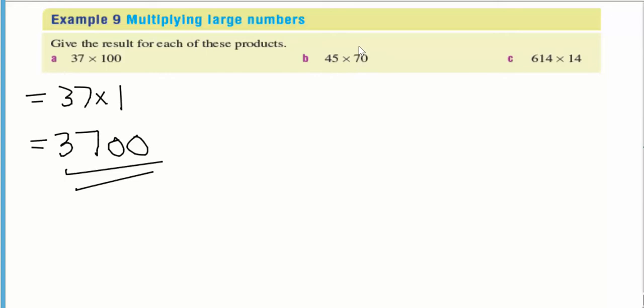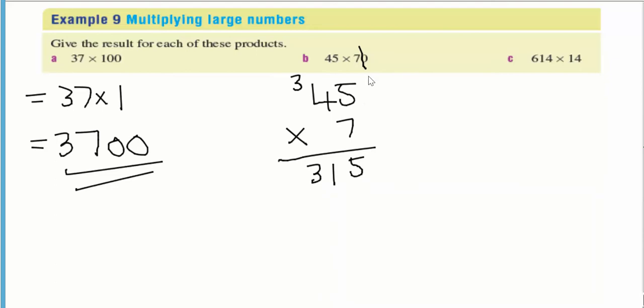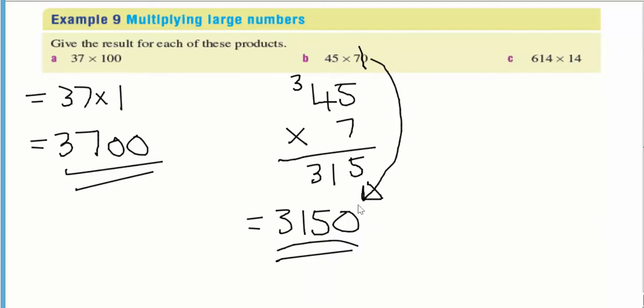Don't get confused, get rid of the 0. 45 times 7. 7 times 5 is 35, write the 5, carry the 3. 7 times 4 is 28, plus the 3 is 31, and then we add the 0 back on at the end. 3,150 is what 45 times 70 equals.